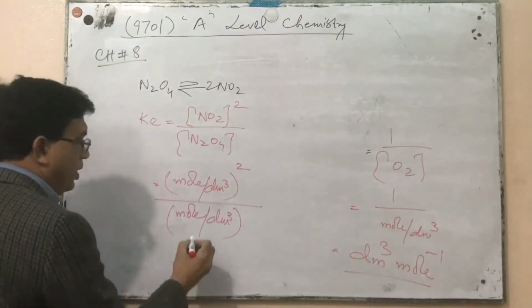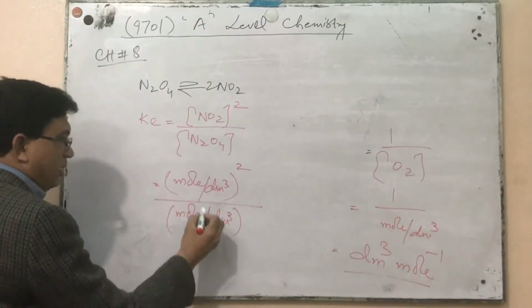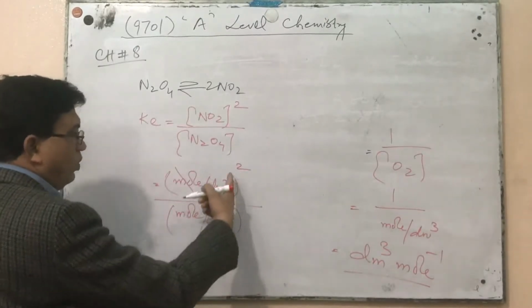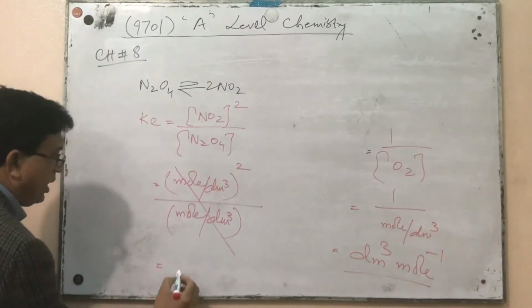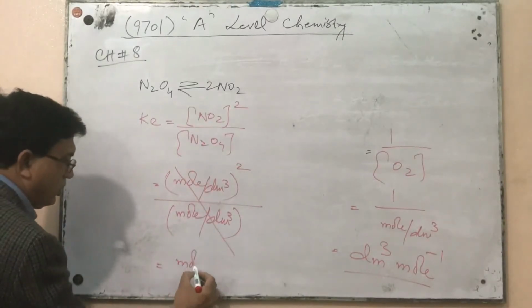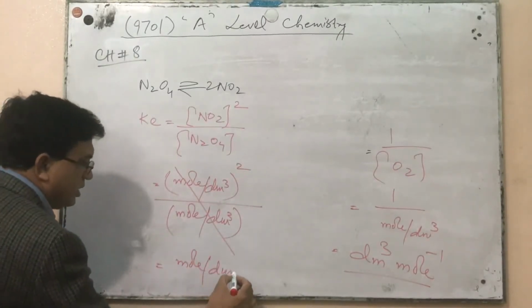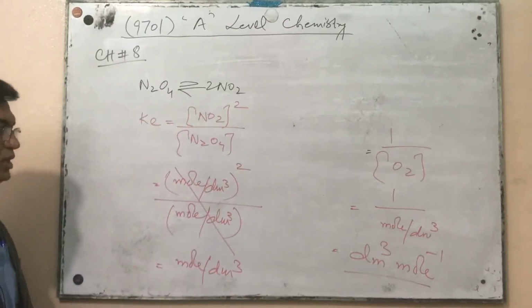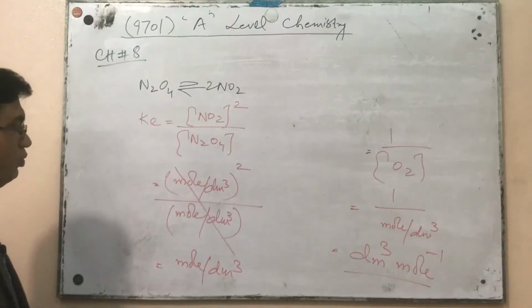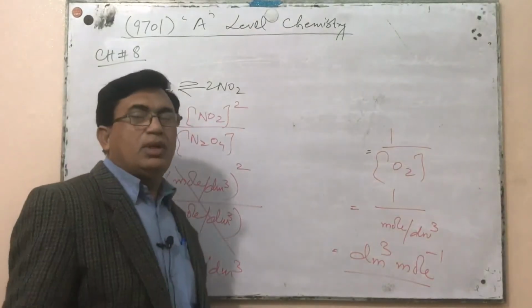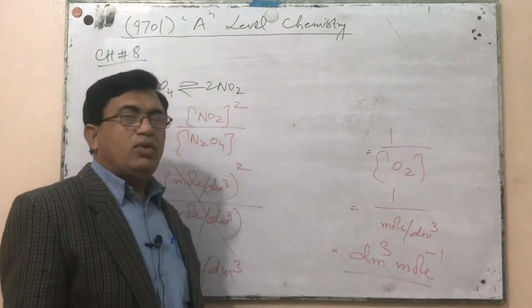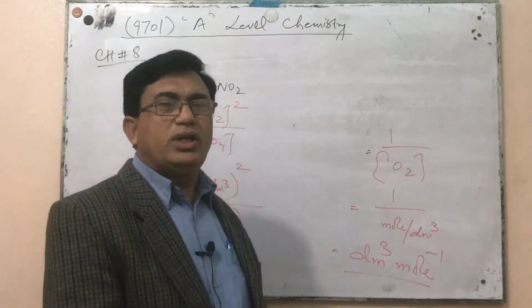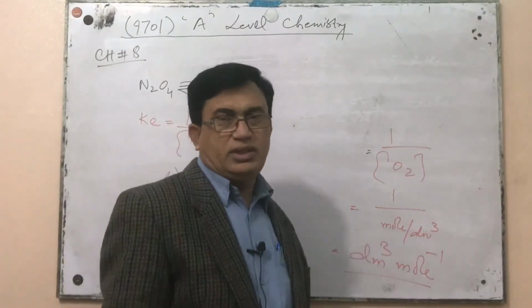It means that one quantity can be cancelled out, only one quantity is left behind, and we will get the unit for the equilibrium constant, in this case mole per dm cube for this reaction. This is quite obvious: using the equilibrium constant expression, the unit can also be calculated quite easily.